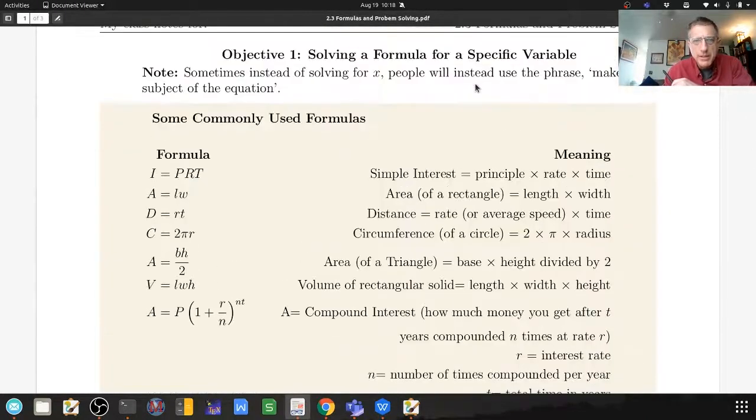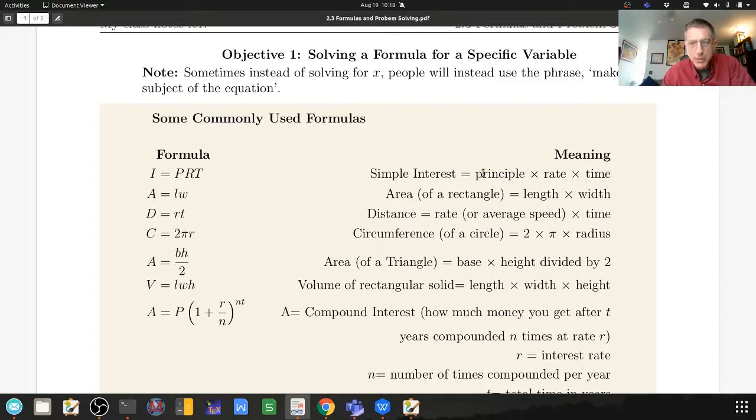So here's a list of formulas that are commonly used. The first one relates interest, which is I, with the principal you pay, the interest rate, and the time. Over here is its English expression: simple interest is equal to principal times rate times time.